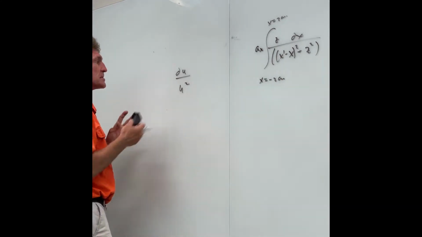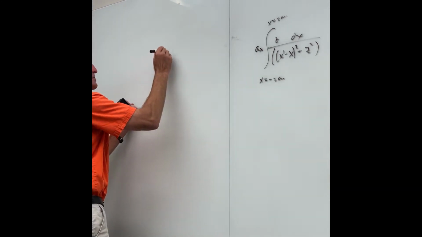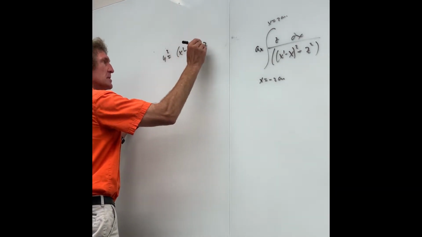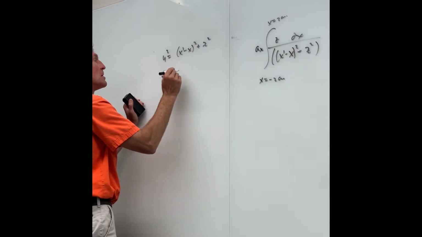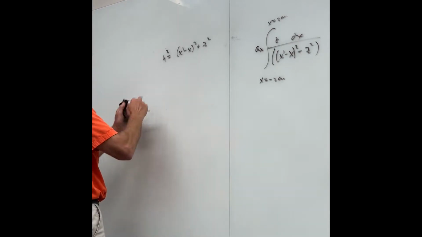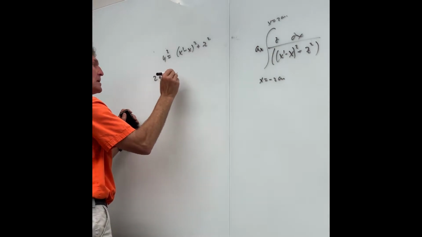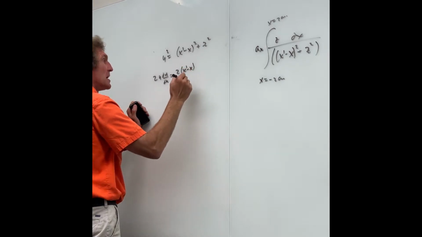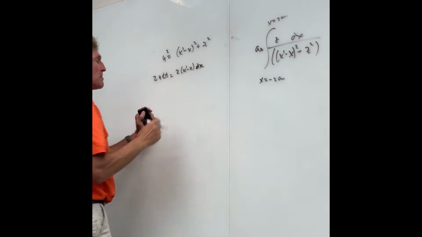The problem is, there's probably an easy way to do this, but if I say u squared is equal to x prime minus x squared plus z squared, then when I take a derivative of both sides, I get 2 times u du dx would be equal to 2 times x prime minus x. And then if I multiply by dx, I get this, right?